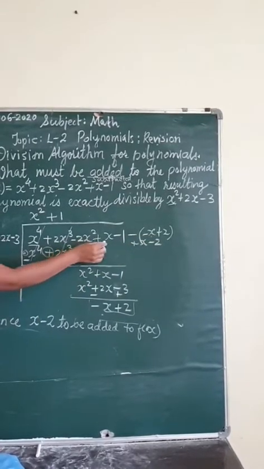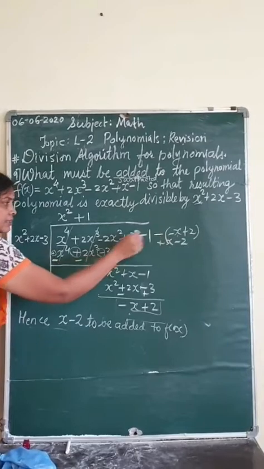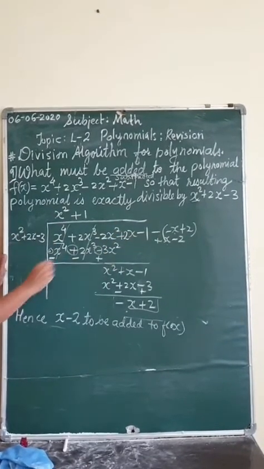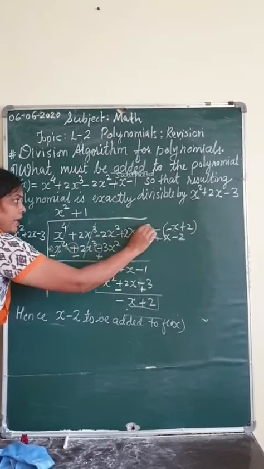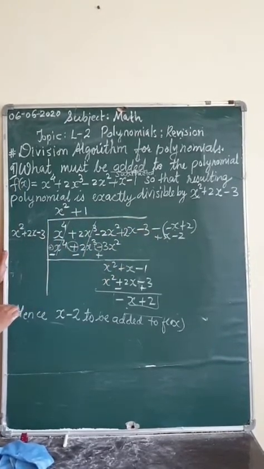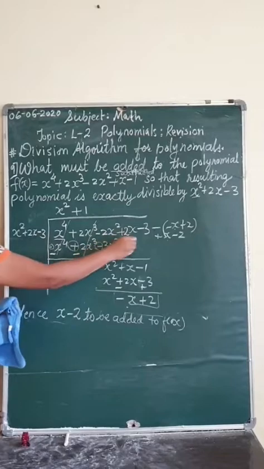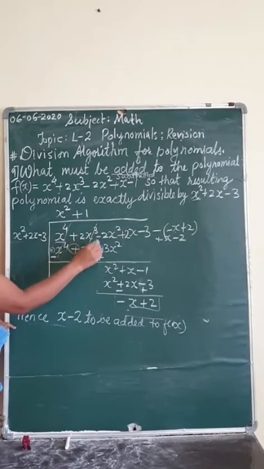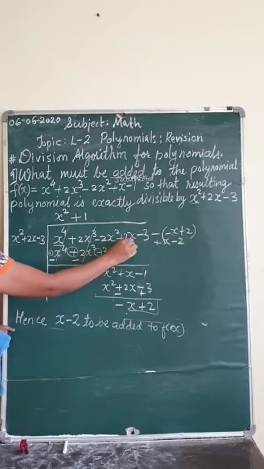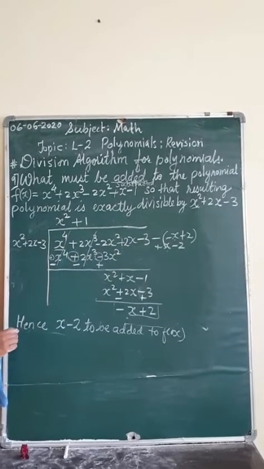So x plus x gives us 2x, and minus 1 minus 2 gives minus 3. So the final polynomial is x raised to 4 plus 2x cube minus 2x square plus 2x minus 3.